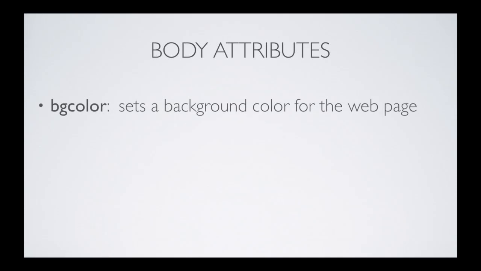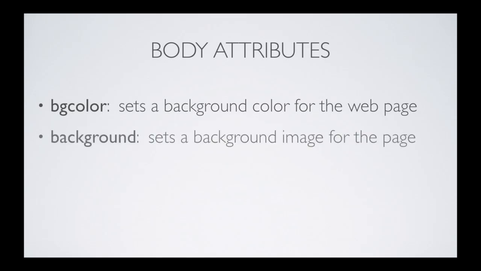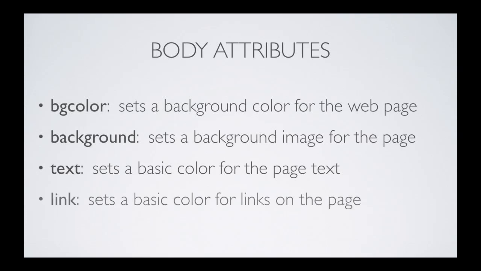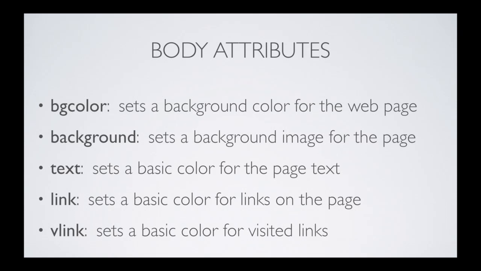Now, attributes for the body tag include BG color, which sets the background color for the web page, background, which sets a background image for the page, text, which sets a basic color for all the text that appears in the page, link, which sets a basic color for links that appear on the page, and vlink, that's a basic color for visited links.